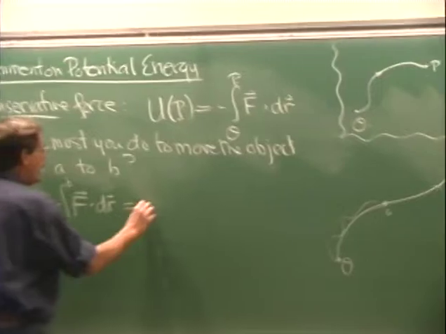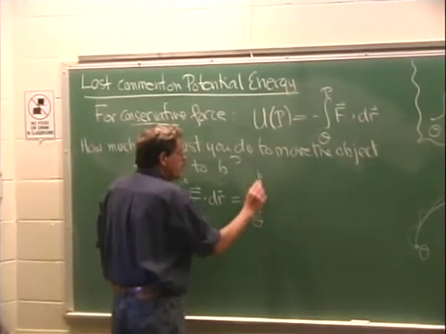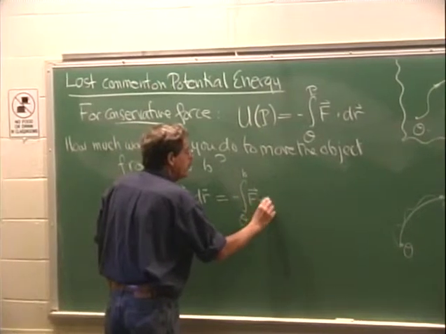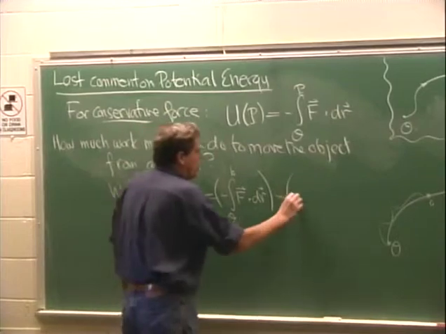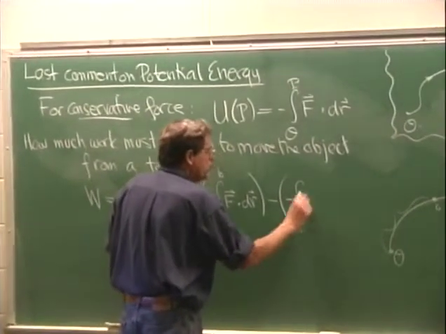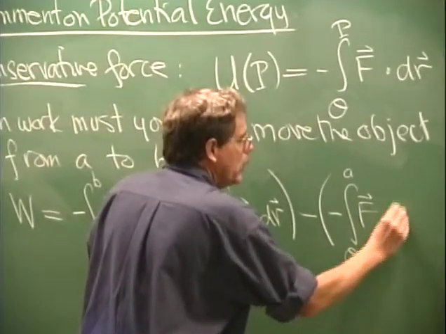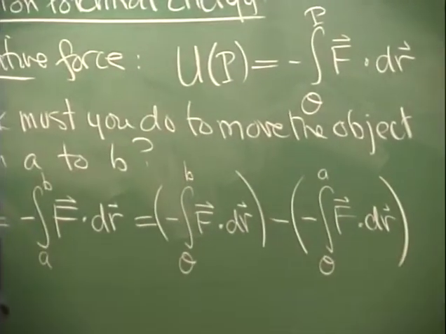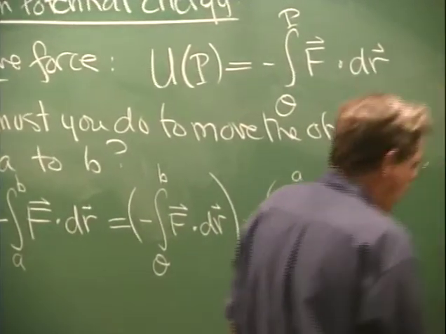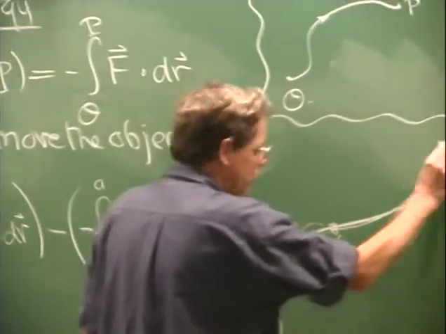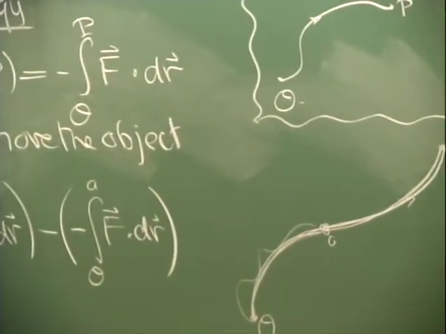It seems cumbersome, but minus the integral from 0, the reference point, all the way up to point B of F dot dr, minus the integral from the reference point up to A of F dot dr. Make sense? In other words, instead of just going along this path here, I'm going to go along this entire path and then subtract off what I got for the first piece of it.